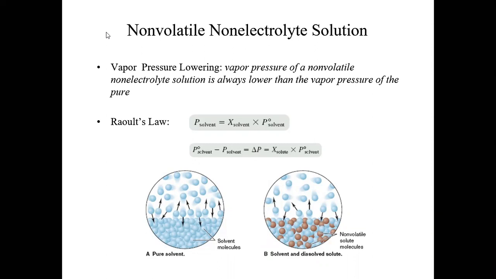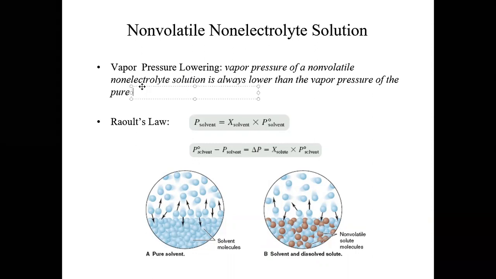Now here, we're just looking at the vapor pressure of the solvent. We say that the solute doesn't contribute anything to the vapor pressure of the mixture. And so here it's very important, like I said earlier, vapor pressure lowering. The vapor pressure of the solution is always going to be lower than the vapor pressure of the pure solvent.